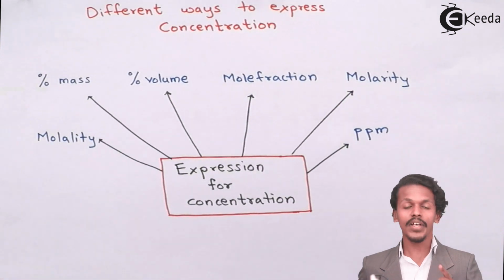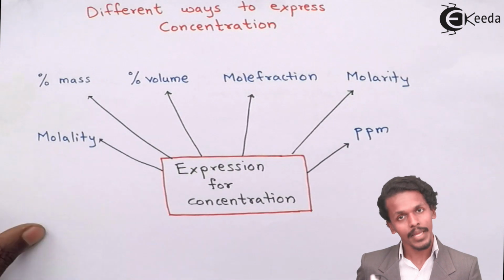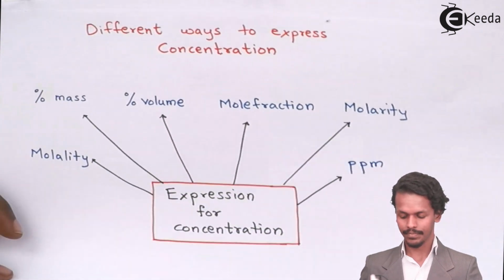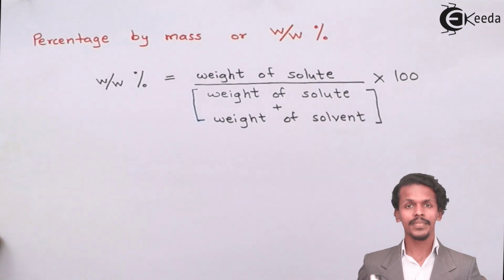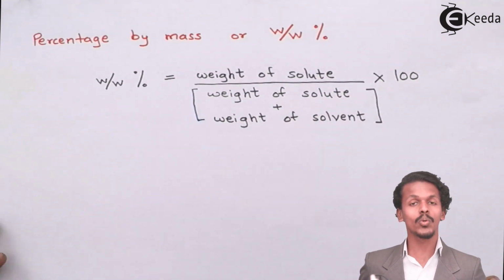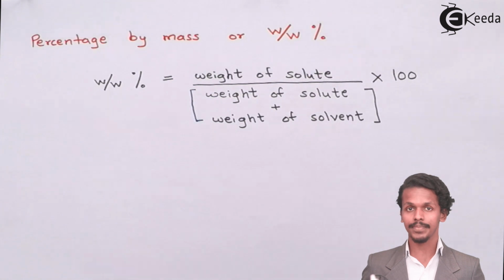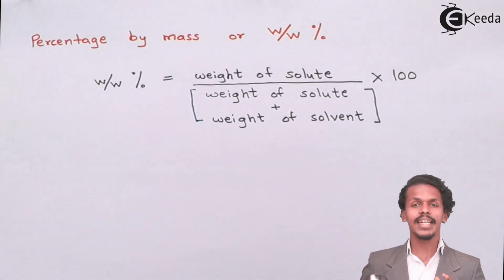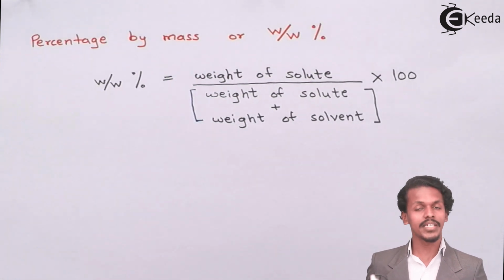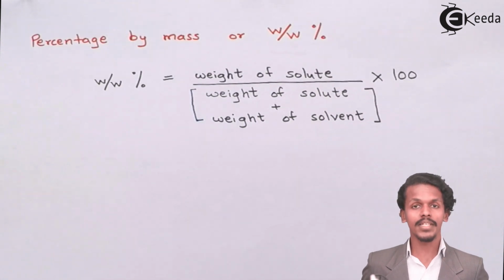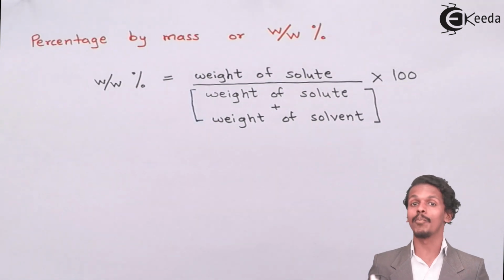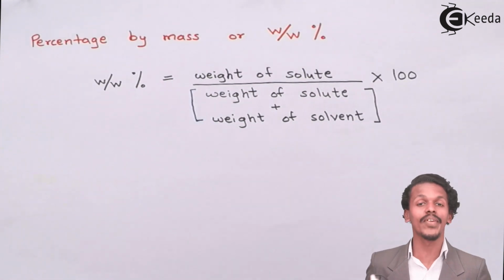So let's see the first one, that is percentage by mass. This is the formula to describe the percentage by mass. Percentage by mass means the amount of solute present in the amount of solution in terms of weight.